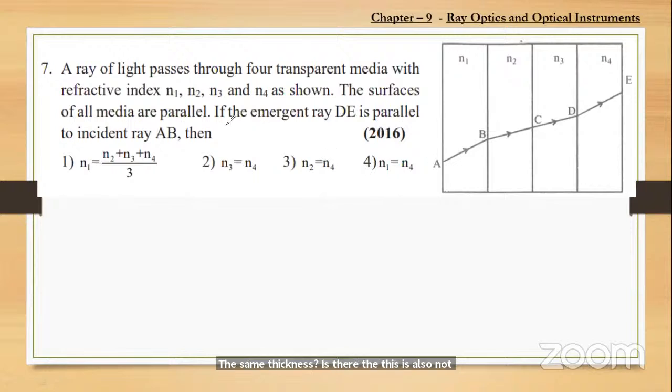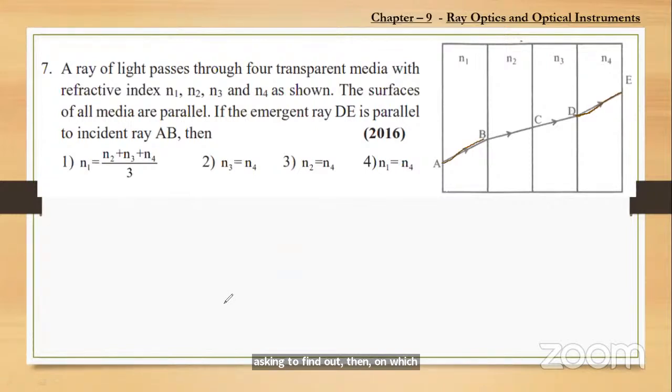If the emergent ray DE is parallel to the incident ray AB, then they're asking on which relation this holds.